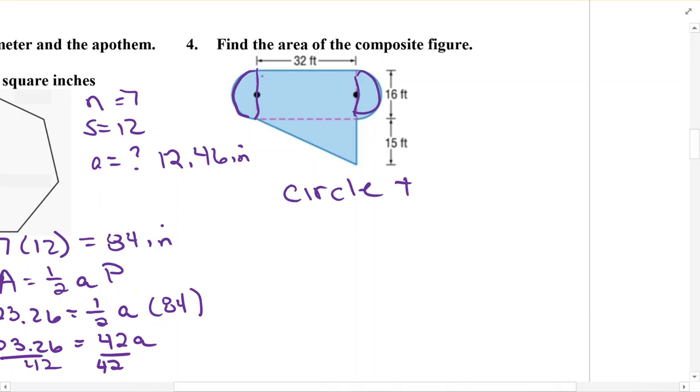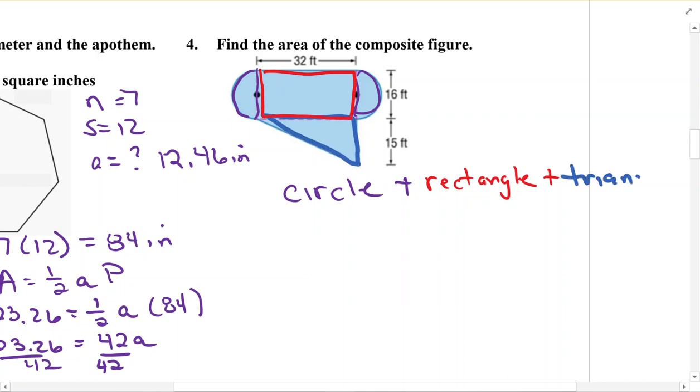Add to it the rectangle, and then we would add to it the triangle. Looking at the different area formulas, we have the circle is pi r squared, the rectangle would be base times height, and the triangle would be 1/2 base times height.